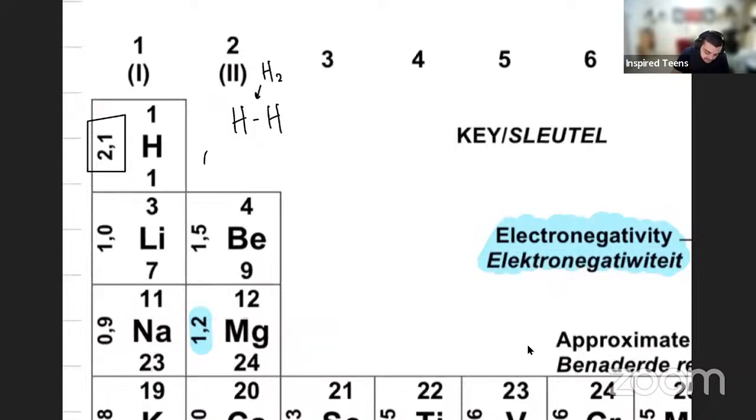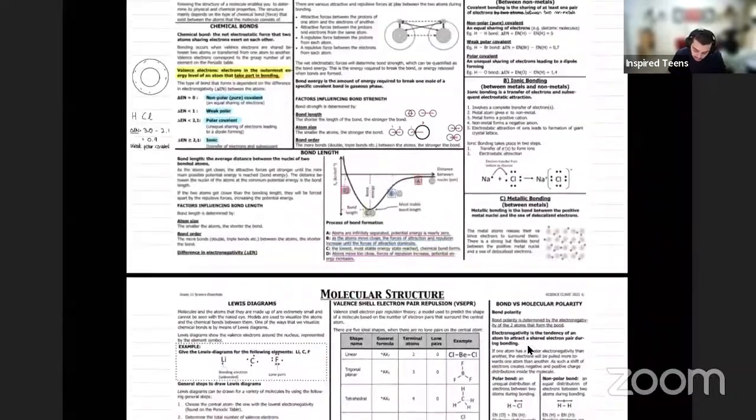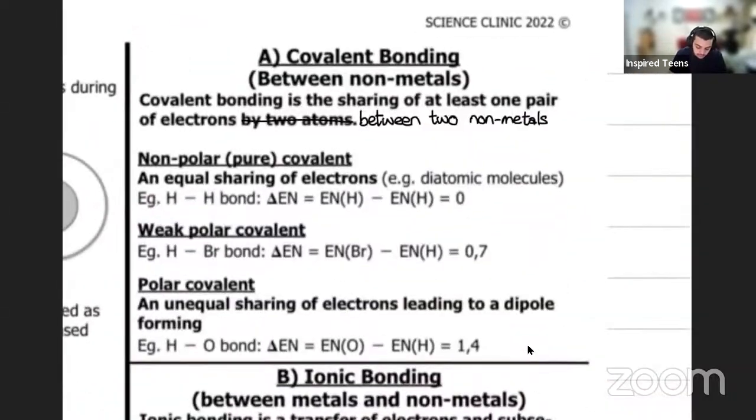The electronegativity difference here is 2,1 minus 2,1, which is equal to 0. So all the diatomic molecules are going to be non-polar pure covalent bonds.